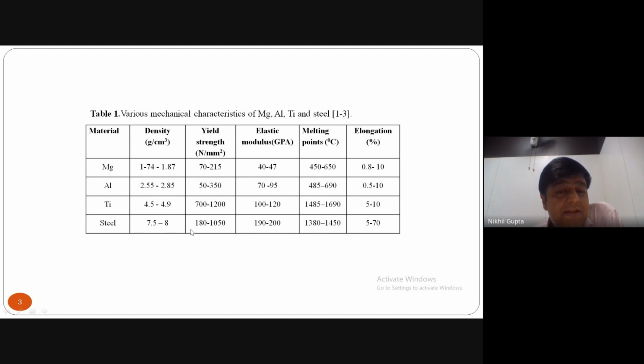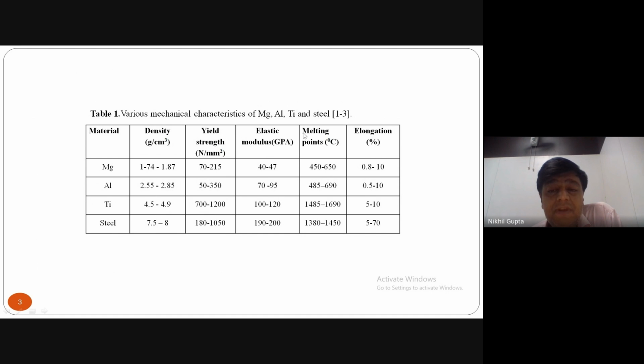And in other characteristics, yield strength, the magnesium alloy has 70 to 215 megapascal, aluminium has 50 to 350, titanium has 700 to 1200, and steel 180 to 1050. For elastic modulus, magnesium has 40 to 47 gigapascal, aluminium 70 to 95, titanium 100 to 120, and steel 190 to 200.